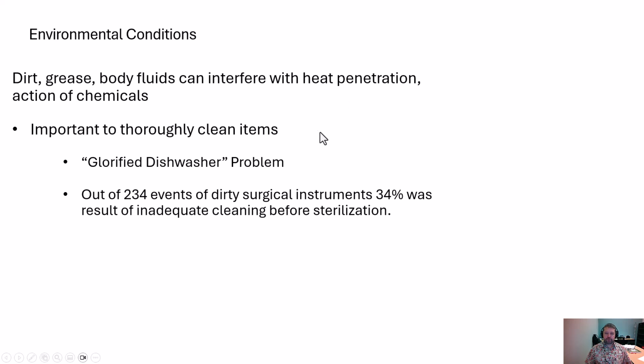And we've seen this from studies that have looked at surgical instruments that have been autoclaved and went through the sterilization process and then came out and they were still dirty. And 34% of the time when that was the case, it was because there was little to no, or at least inadequate, cleaning prior to the sterilization.